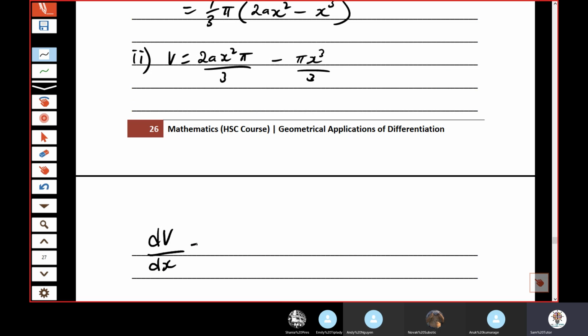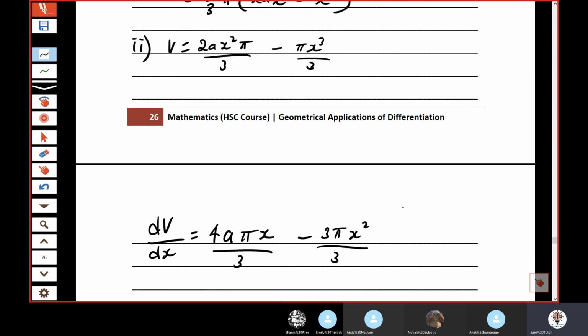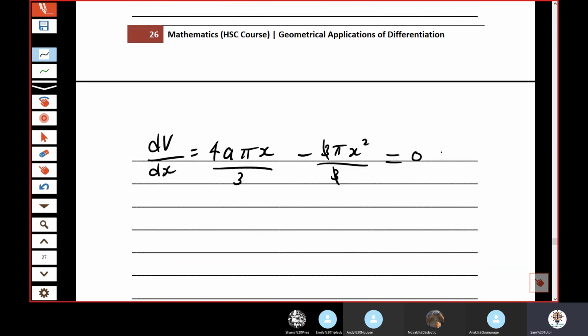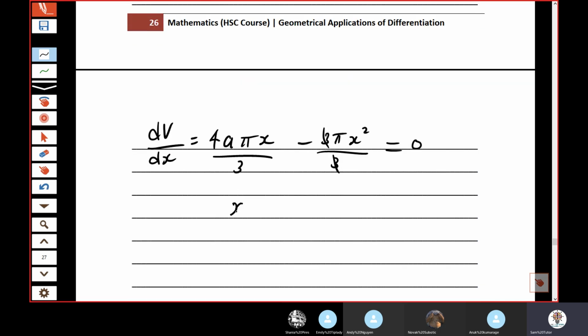dV on dx. Bring the 2 down. 4a pi x on 3. Bring the 3 down. 3 pi x squared on 3. Equals what? 0. Factorize x out. I guess times everything by 3, so we can get rid of this annoying 3 here.